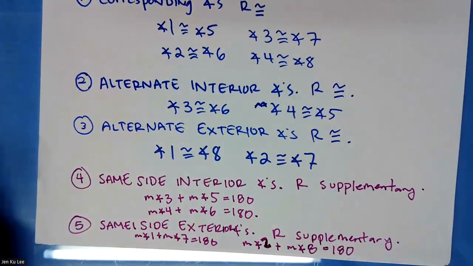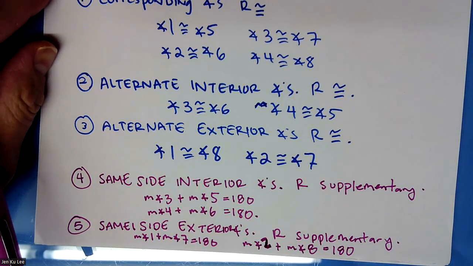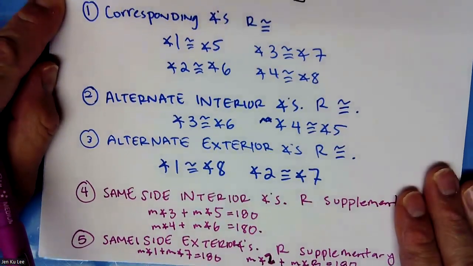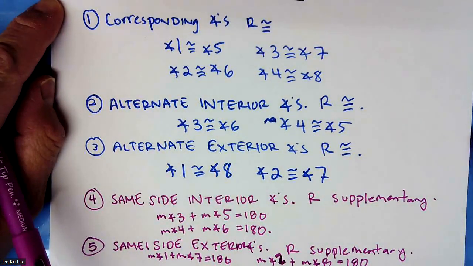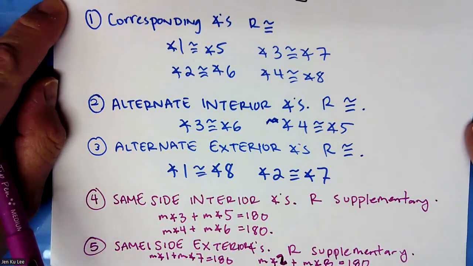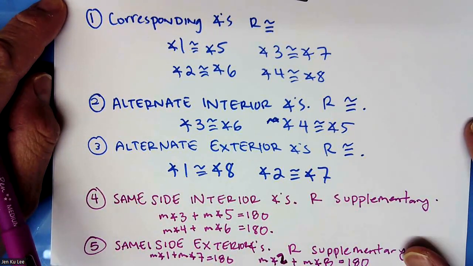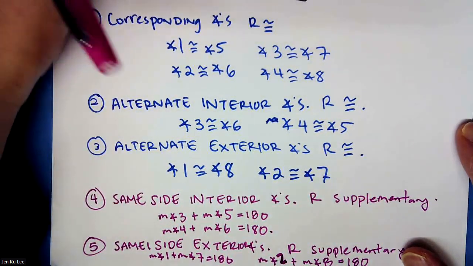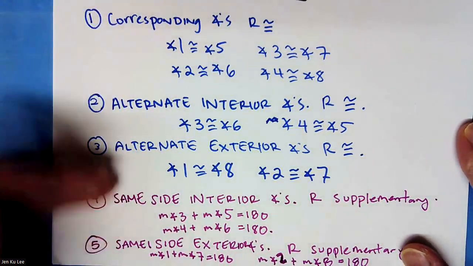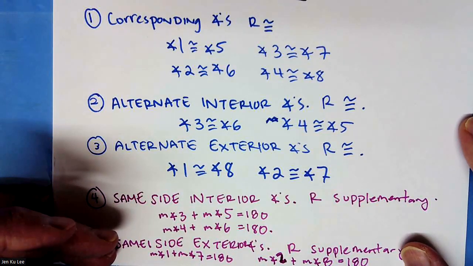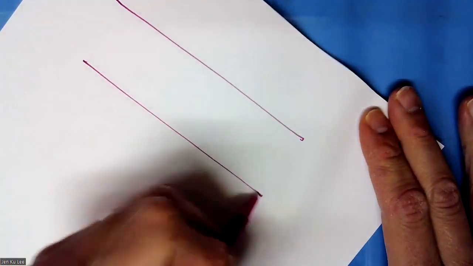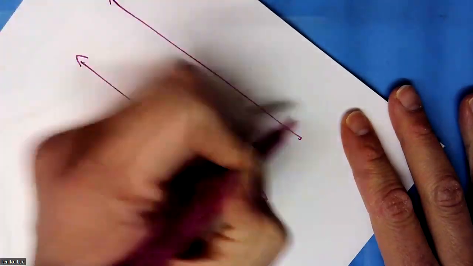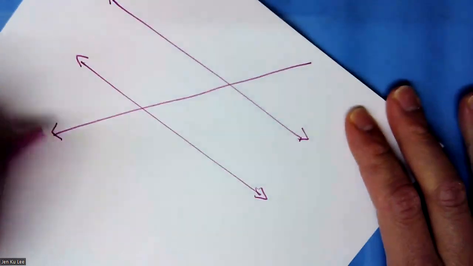All right. So here are the 5 different types of special angles that are created when two parallel lines are cut by a transversal. Okay, so how does this apply to our next section when we are proving parallel lines? If any one of these exists, let's say you see two random lines like this that are cut by a transversal.